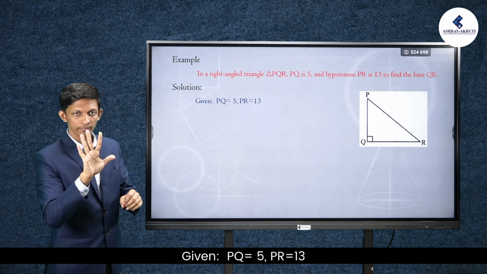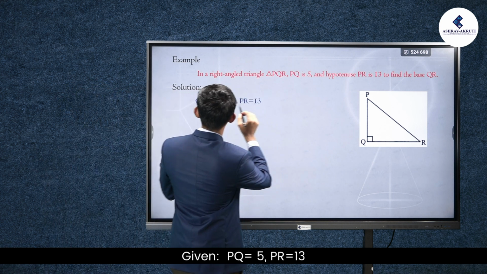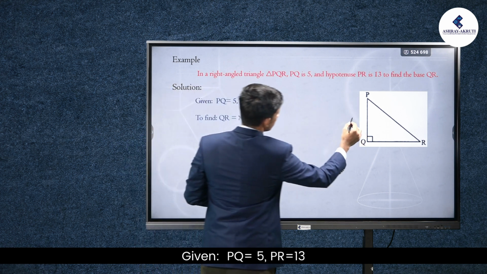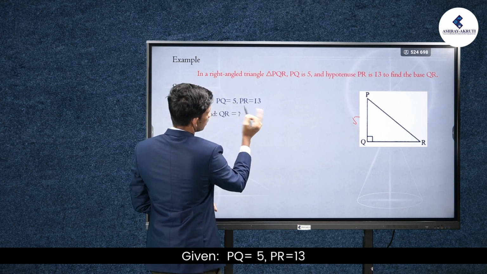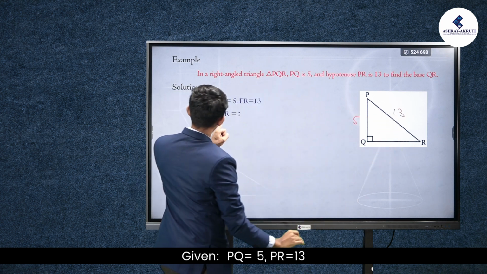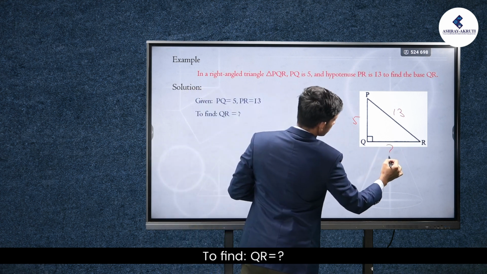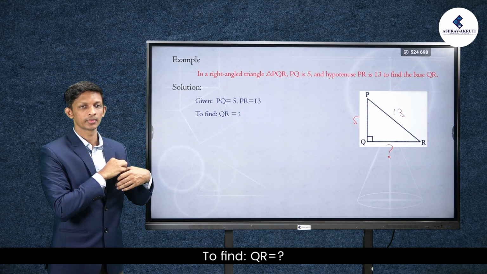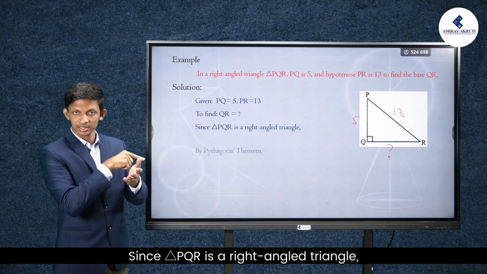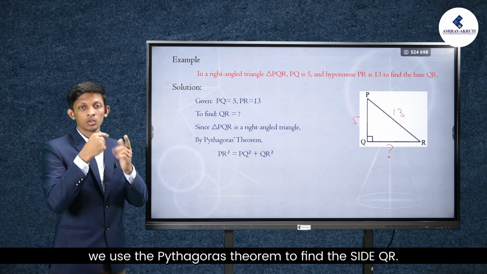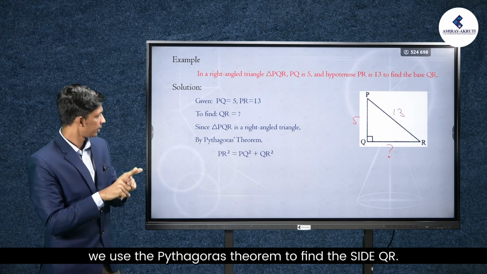Given PQ is 5, PR is equal to 13. Find QR. Since triangle PQR is a right angle triangle, we use Pythagoras theorem to find side QR.